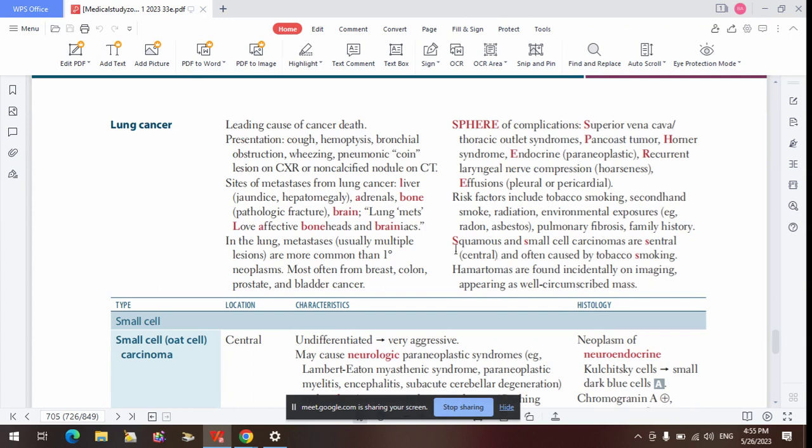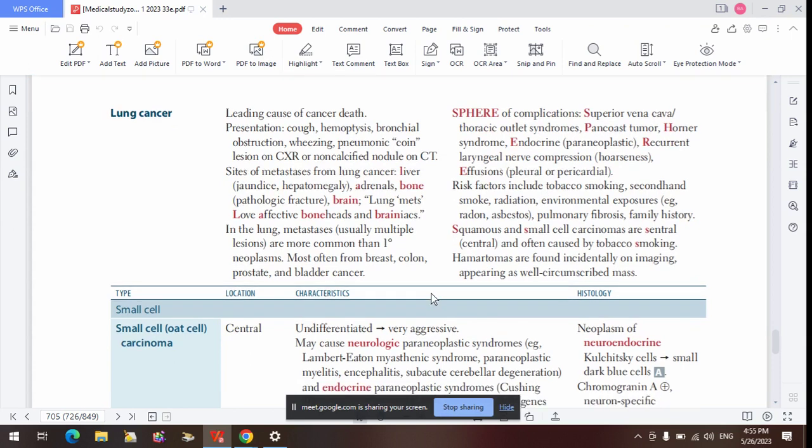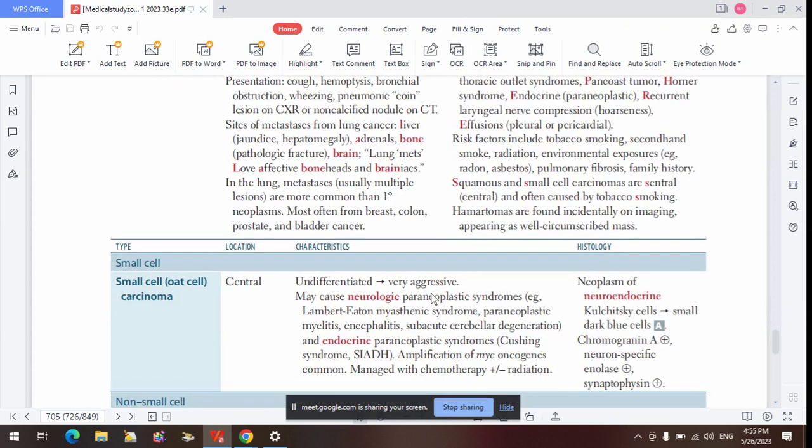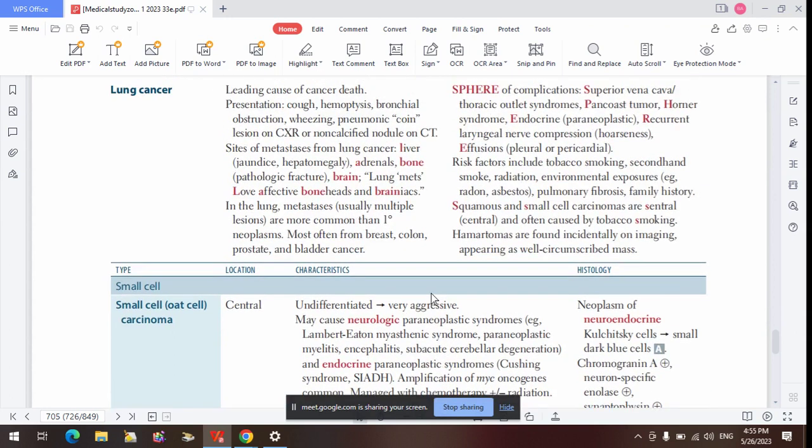And do you guys remember the Light criteria that we talked about yesterday? Dr. Abisola, what are the components of Light criteria? Light criteria.